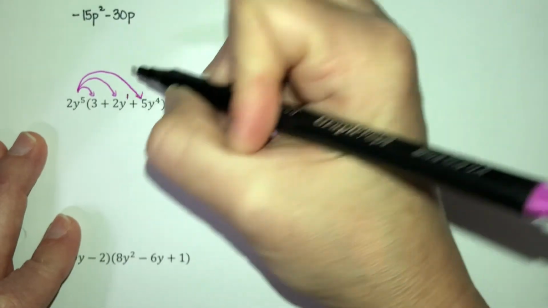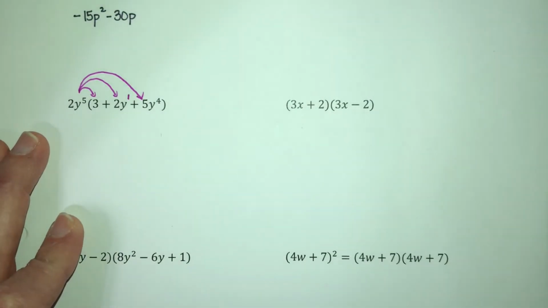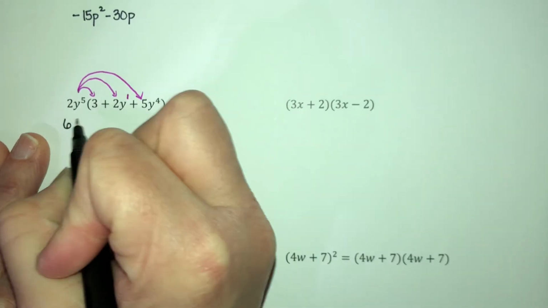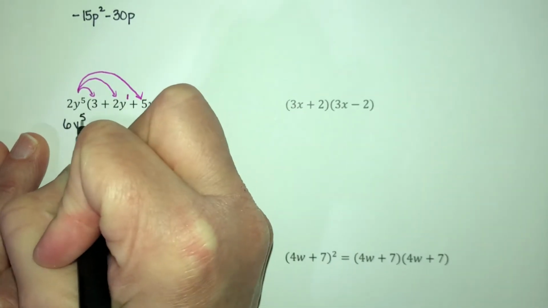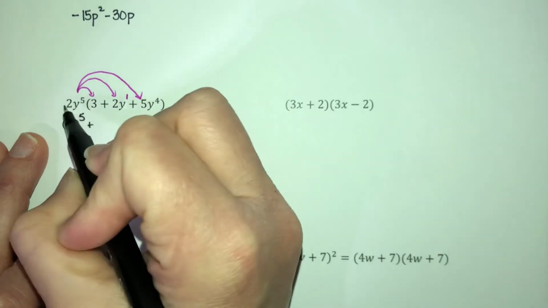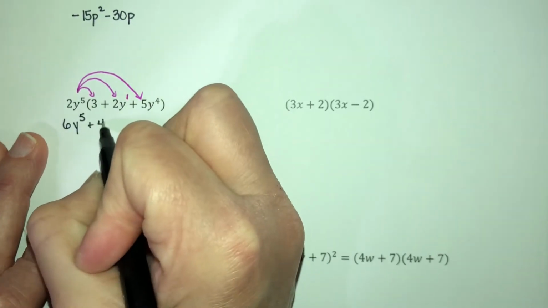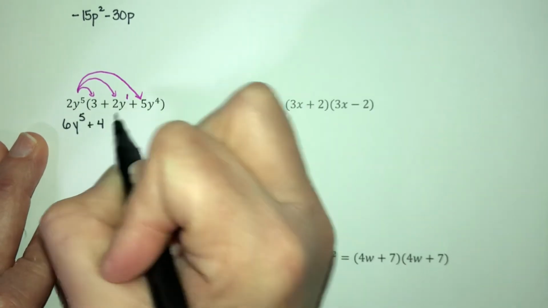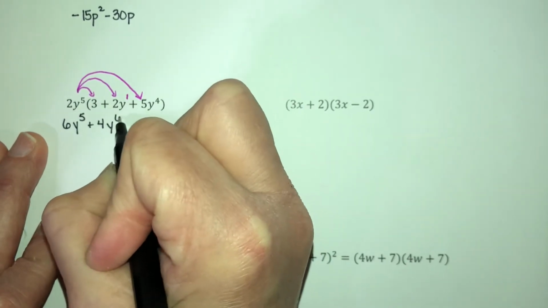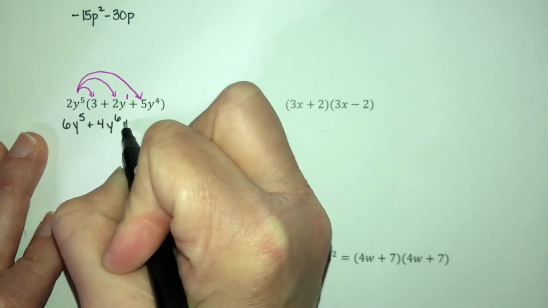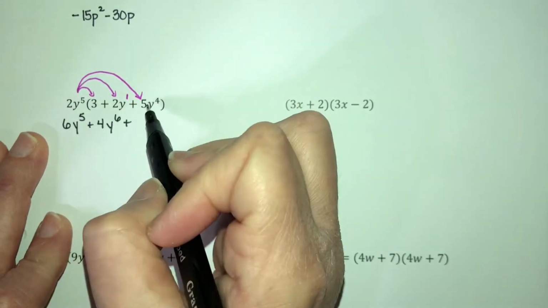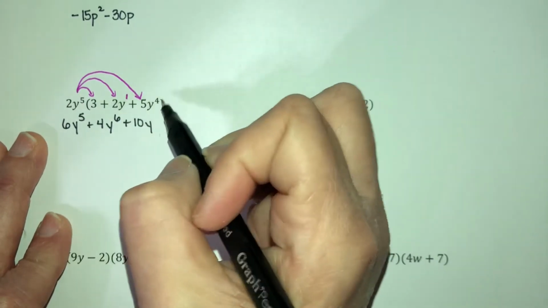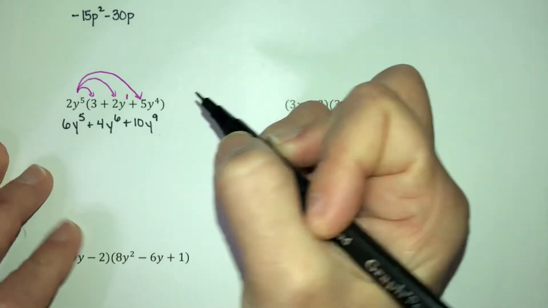Remember, that's a first power right there. 2 times 3 is 6, so that's 6y to the 5th, plus 2 times 2 is 4 y's, so I'm adding those exponents. 5 plus 1 is 6, y to the 6th power, plus 2 times 5 is 10, y to the 5 plus 4 is 9.